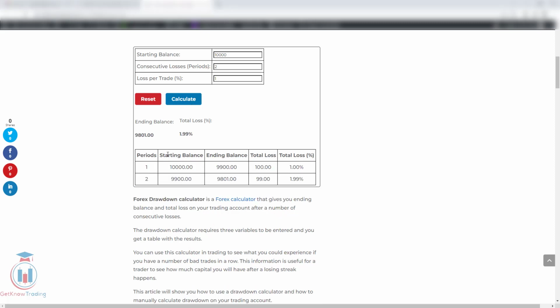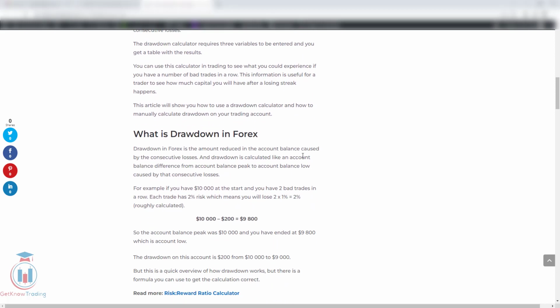You get below the table with all the periods, and in our case I have put 2, and also the starting balance, ending balance, total loss, and total loss in percentage. The formula is used, and you can find it below in the article.